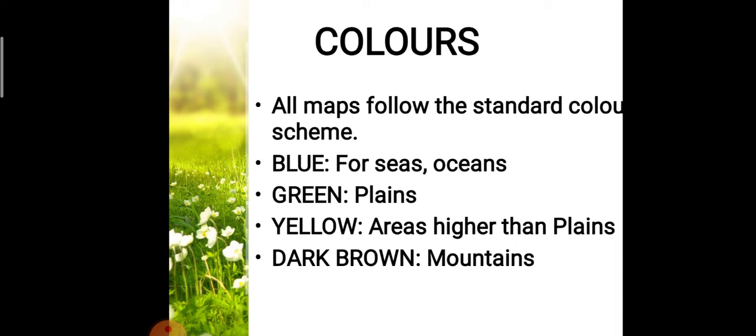Yellow color represents areas higher than the plains, like the plateaus and all. Dark brown color is used to show mountains. So these are the color themes which are used to represent different places, different bodies, and physical features on a map.